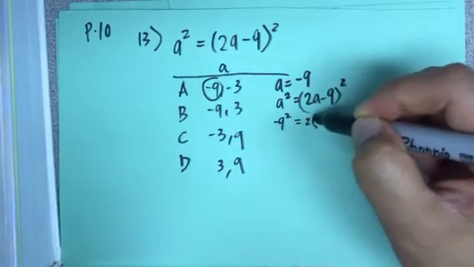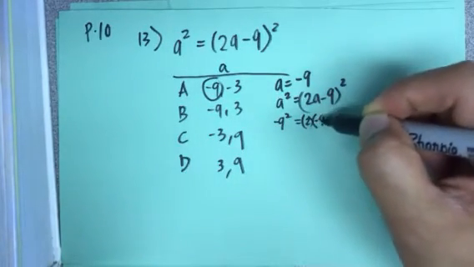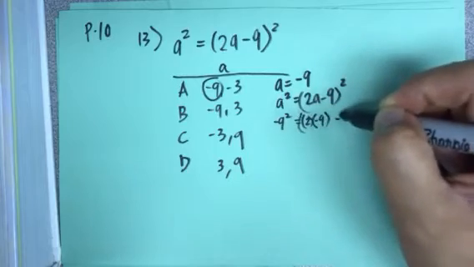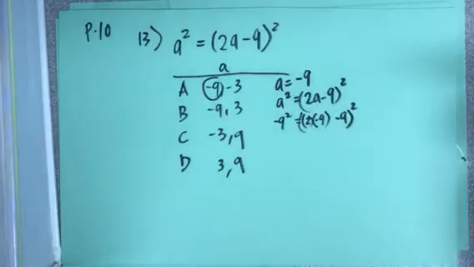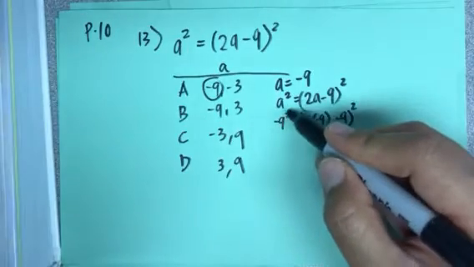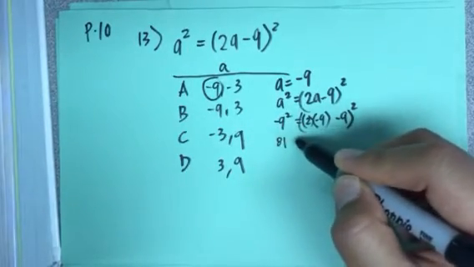2 times -9 minus 9, and then you have to square that. Once you do that, -9 times -9 is 81.